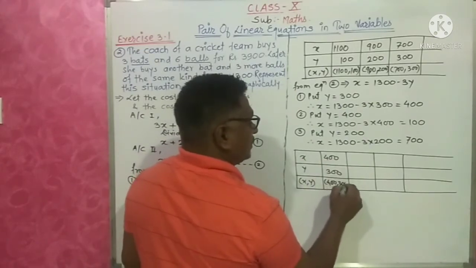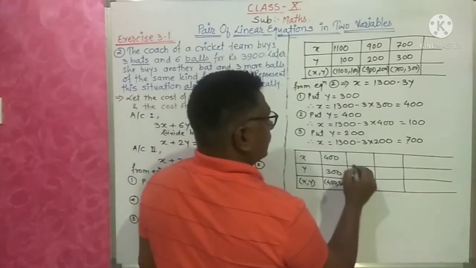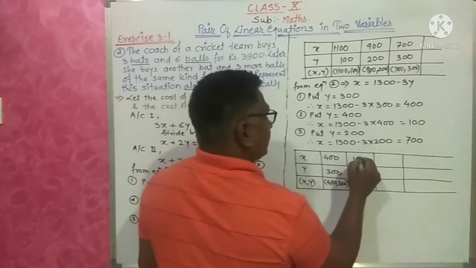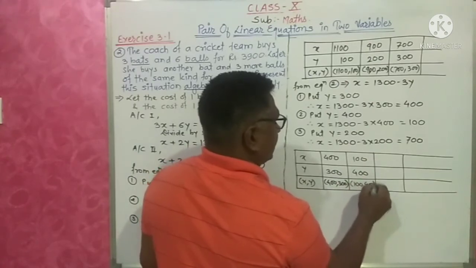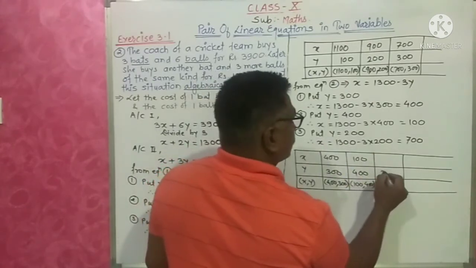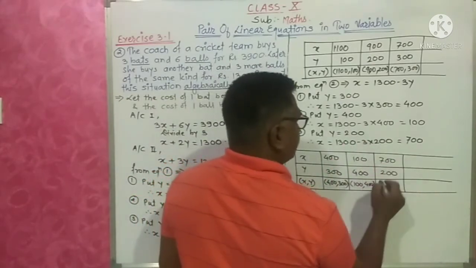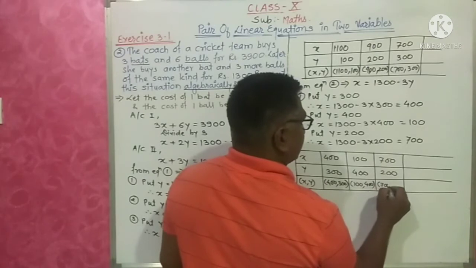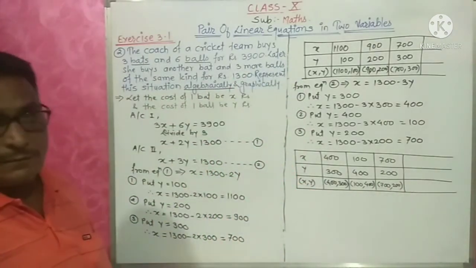So 400 comma 300. Then y is 400, and we got 100, so 100 comma 400. Then 200, and we got 700, so 700 comma 200. Got the table?